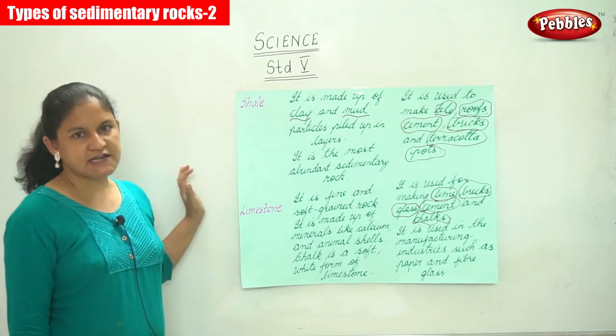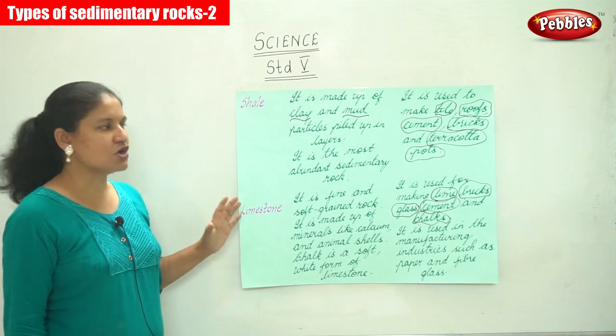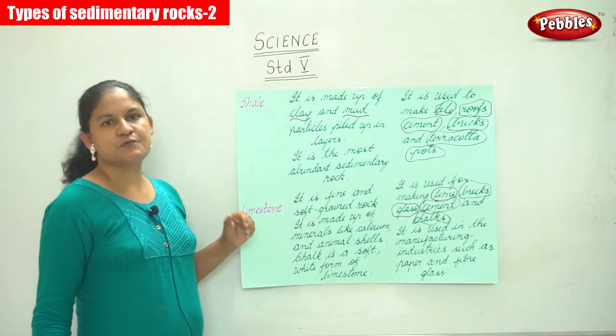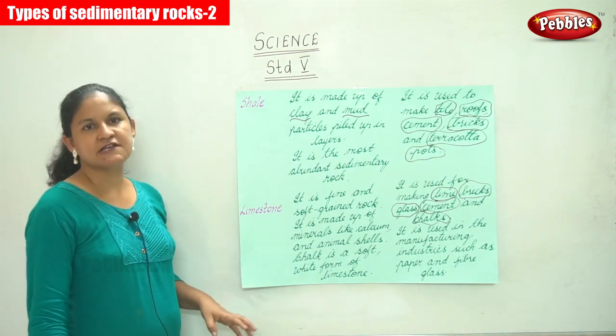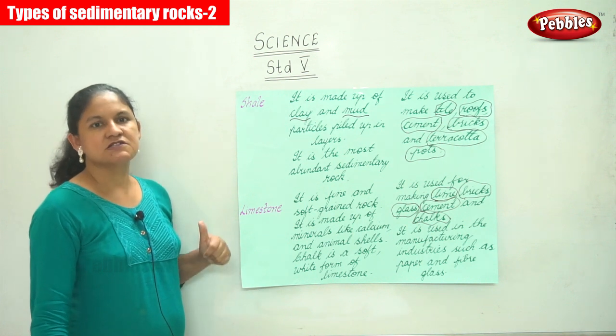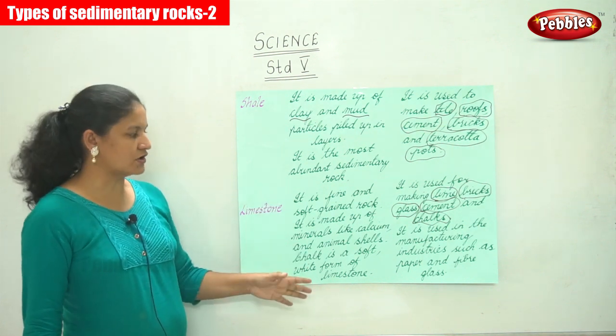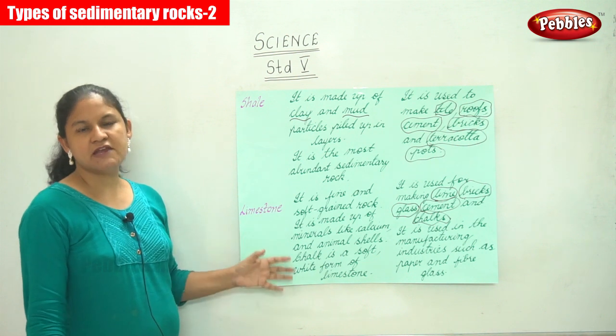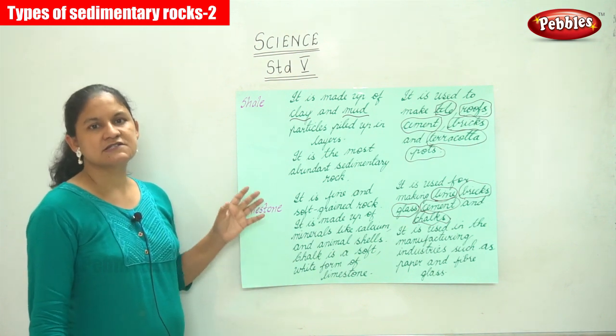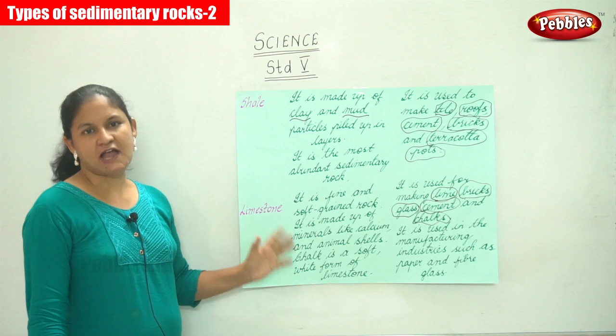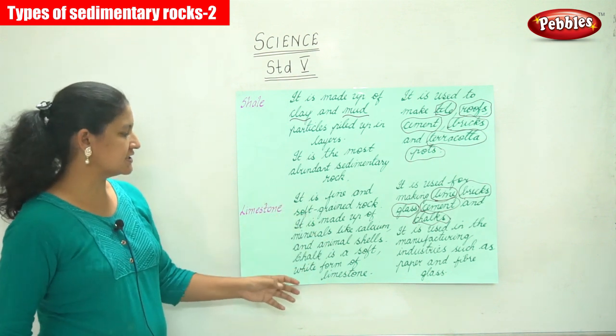The next sedimentary rock is your limestone. So the property of a limestone is it is a fine and soft grained rock, and it is made up of minerals such as calcium and animal shells.